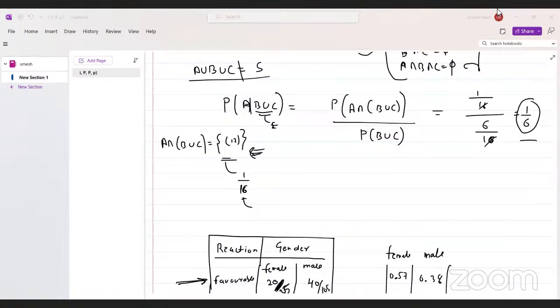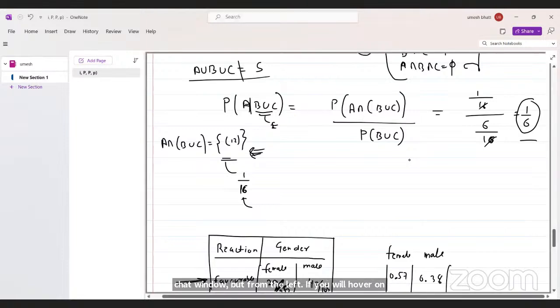How to share this file in chat? It asks about a link. There is a third option in the chat window, third from the left. If you hover on that icon, it will say file. It's not coming in chat.